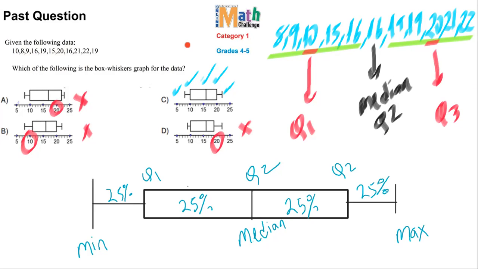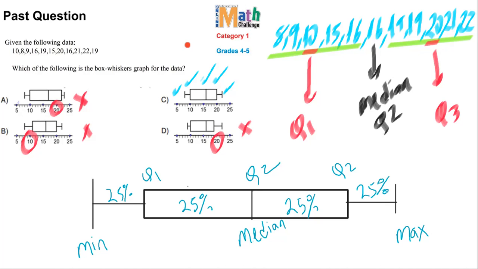If we count all, 1, 2, 3, 4, 5, 6, 7, 8, 9, 10, 11. It means there are 5 on one side, 5 on the other side, and 1 in the middle. The middle number is called the median, and it's also called the quarter 2 point, because up to this point there is 50%, and after this point there is 50%.